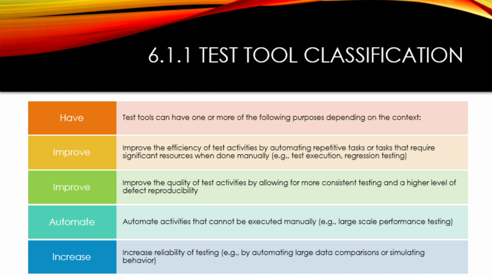Improve the efficiency of test activities by automating repeated tasks, for example, using a test automation tool for regression testing. Improve the quality of test activities by allowing for more consistent testing and a high level of defect reproducibility.